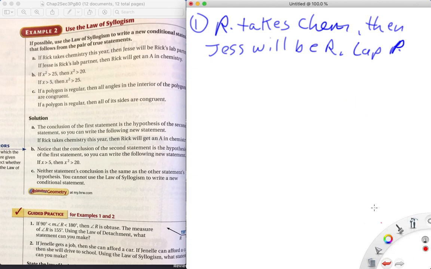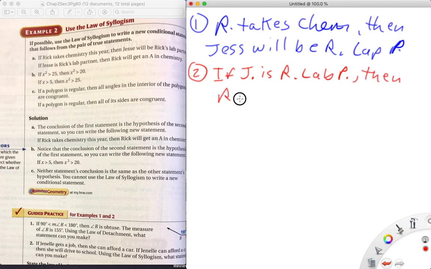The second conditional says if Jesse is Rick's lab partner, then we're getting a... yay.